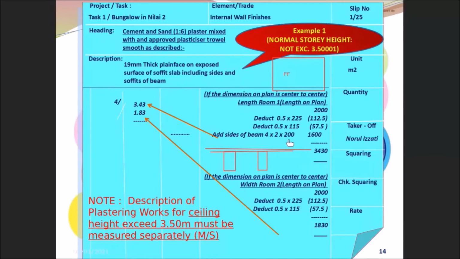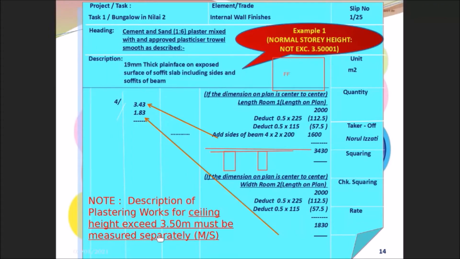So 4 sides of the beam. And then after that you have to consider addition of the soffit of the beam. So that one must be added. Here I didn't show it, but you must consider the addition. Or maybe in this case there are 2 sides, and if there are 2 numbers of the beam, you have to times 2. So this is only an example.